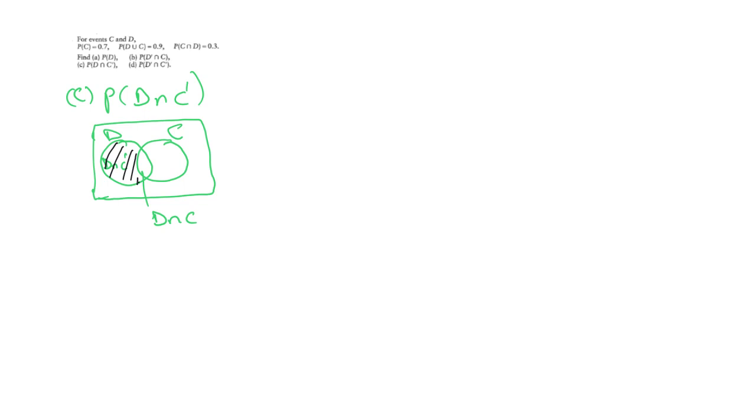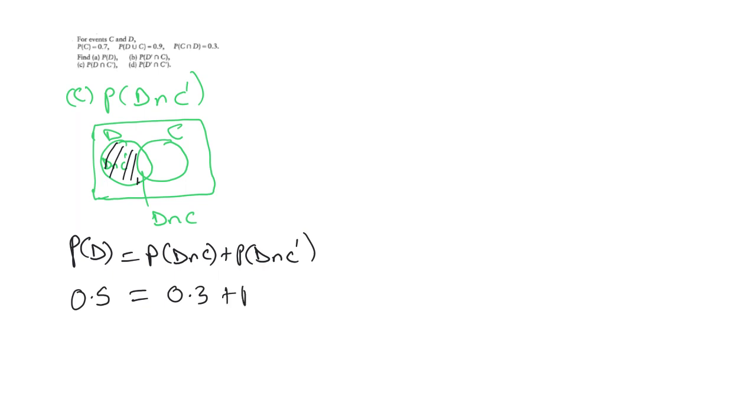It comes from the probability of D. Probability of D is the probability of D intersection C plus probability of D intersection C complement. We know that the probability of D is 0.5, and the D intersection C is 0.3, plus the probability of D intersection C complement. So the probability of D intersection C complement is equal to 0.2.